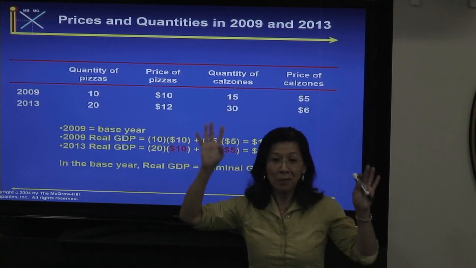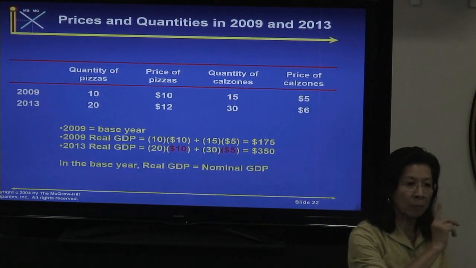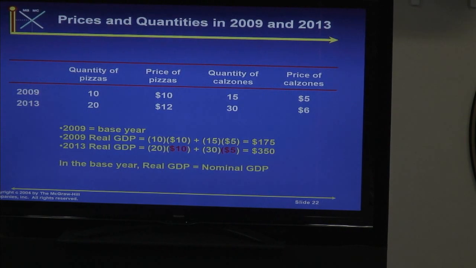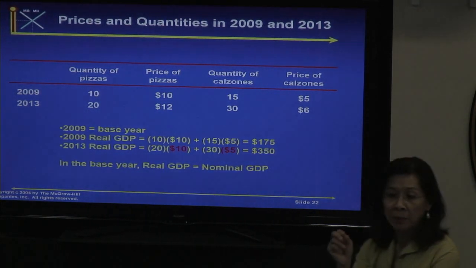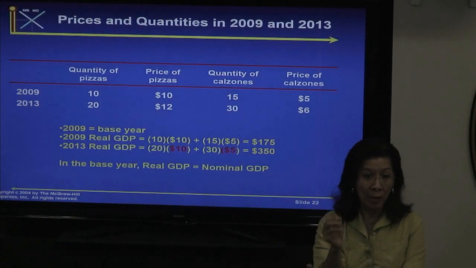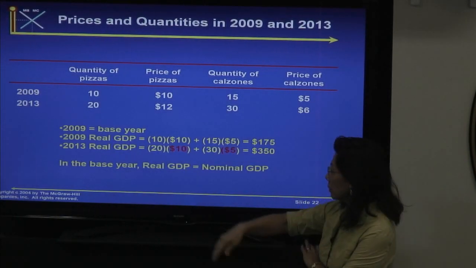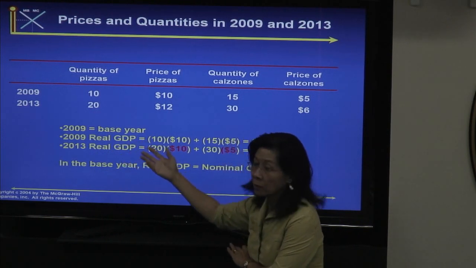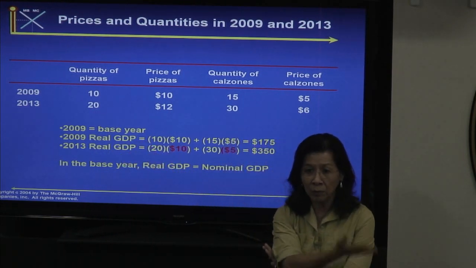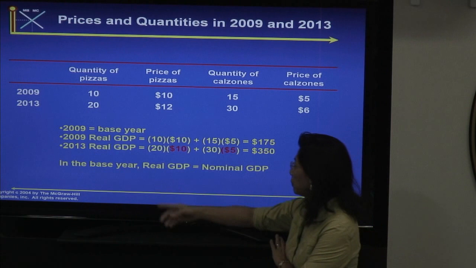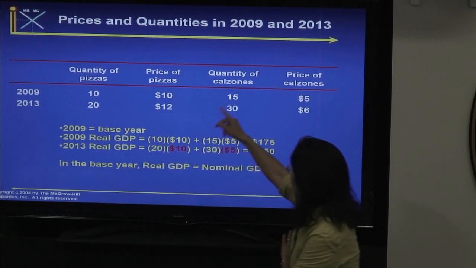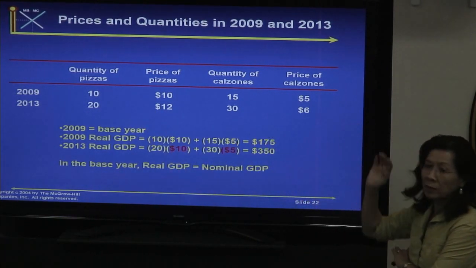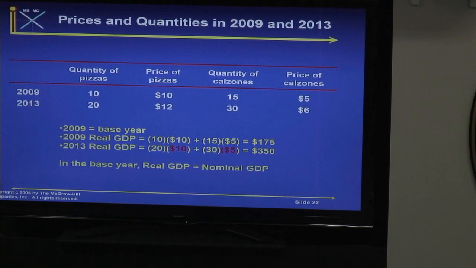Okay, now this is very important. Whatever year you pick as a base year, in this case 2009, the nominal and the real GDP would be the same. So in this case, 2009 real GDP is the same as what we calculated before for 2009 nominal GDP. You just take 10 times 10 plus 15 plus 5. So everything is the same, we got 175.